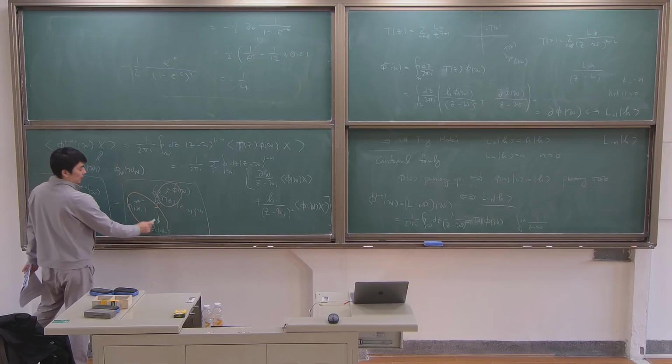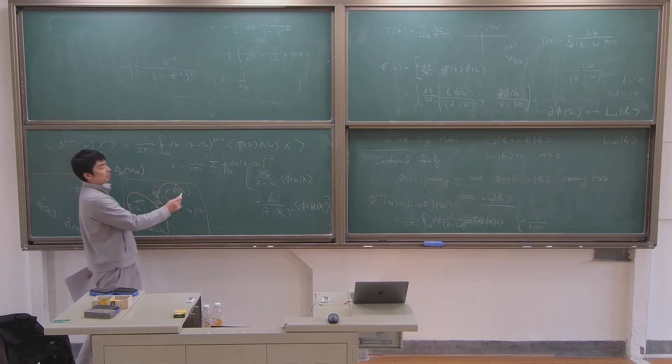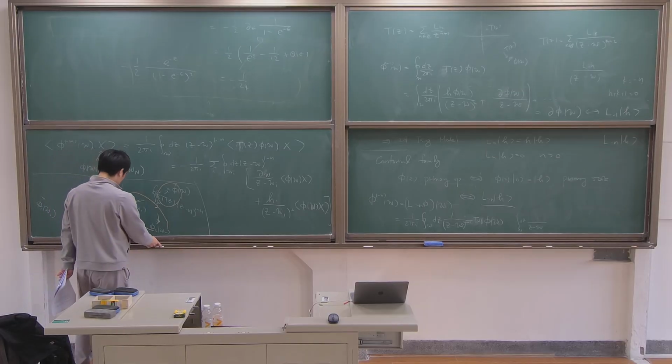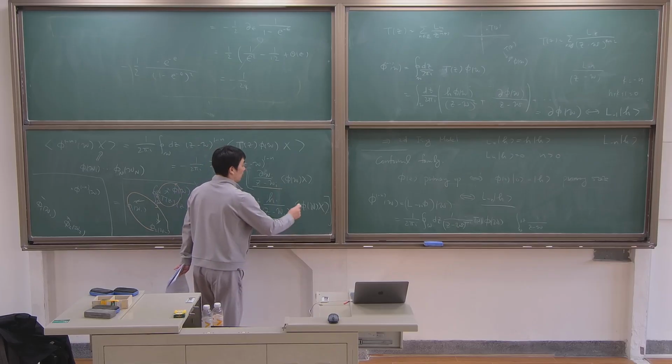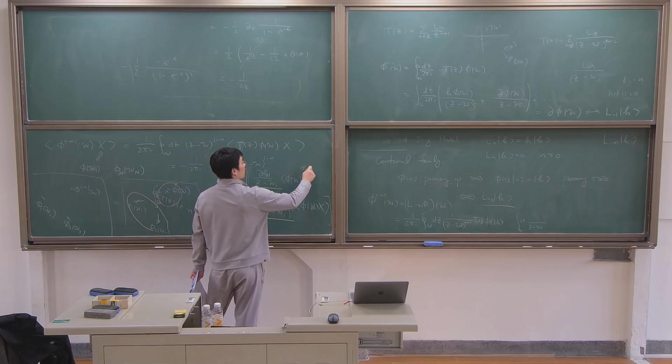So the other operators are primary, so if T approaches the primary field, what you get is exactly this part acting on phi i.